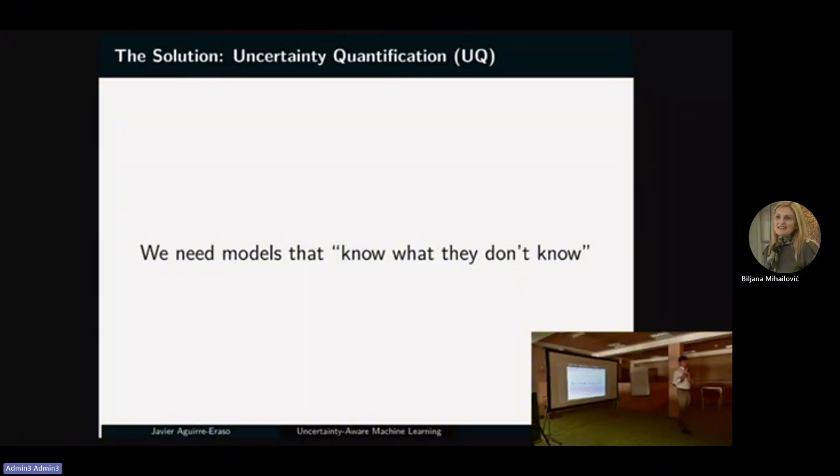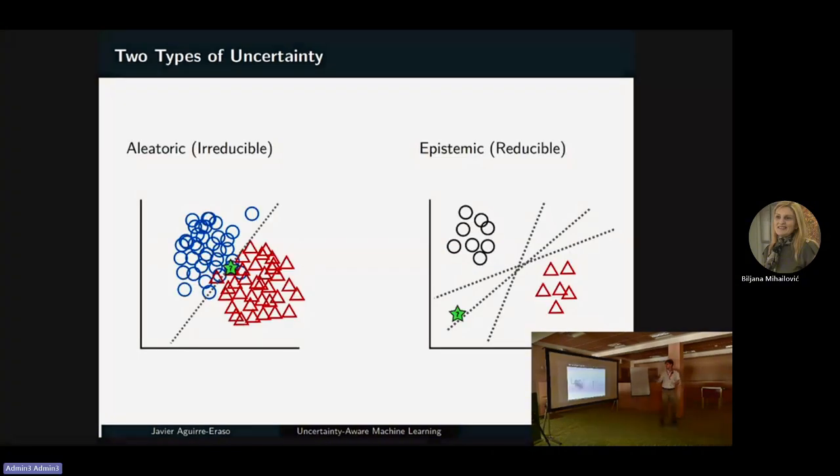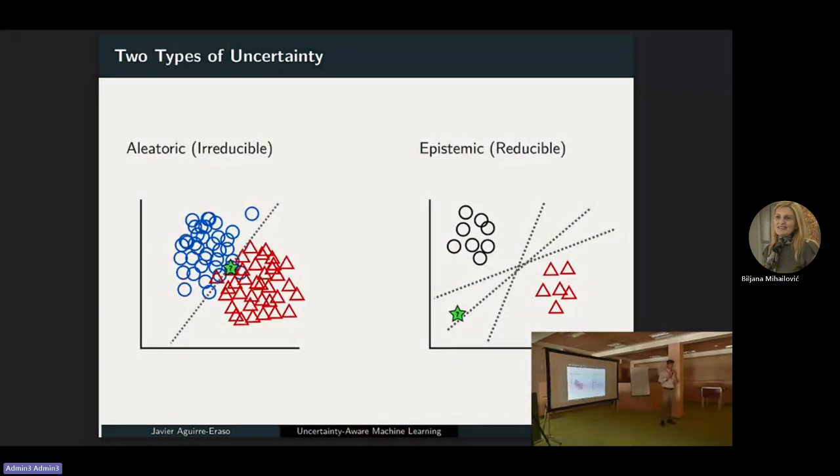In the first case, it is just pure randomness of the world. But in the second situation, it's just that the model is ignorant about what is happening, because the signal is very noisy. So that's why in the uncertainty quantification field, they distinguish between two types of uncertainty.